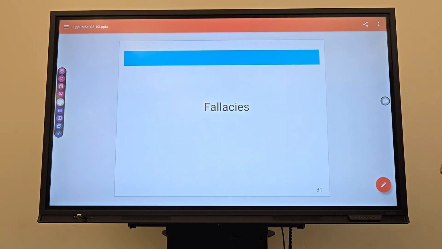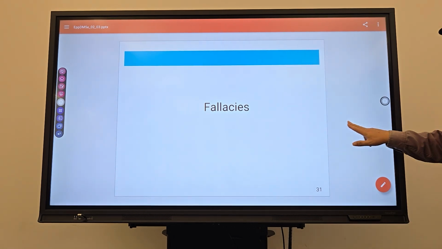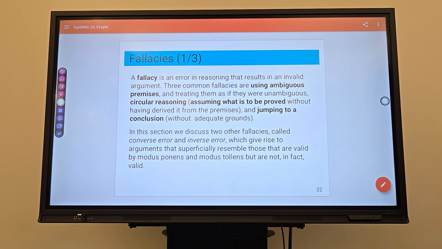Now we get to fallacies. A fallacy is an error in reasoning that results in an invalid argument. Three common fallacies are using ambiguous premises and treating them as if they were unambiguous; circular reasoning, assuming what is to be proved without having derived it from the premises; and jumping to a conclusion without adequate grounds.